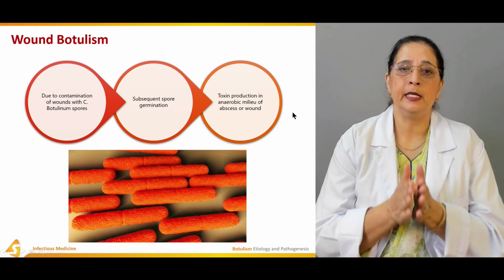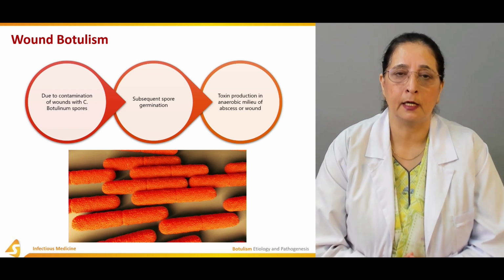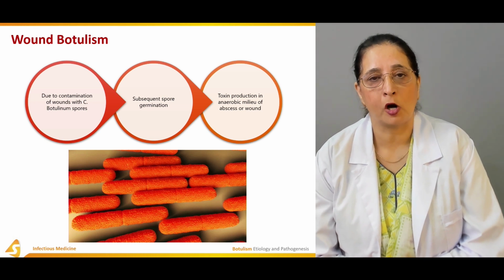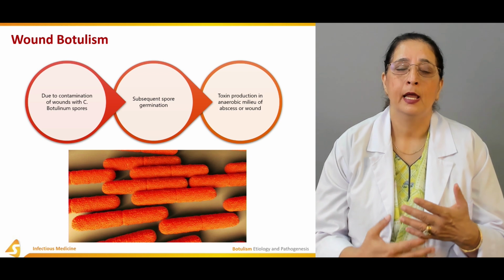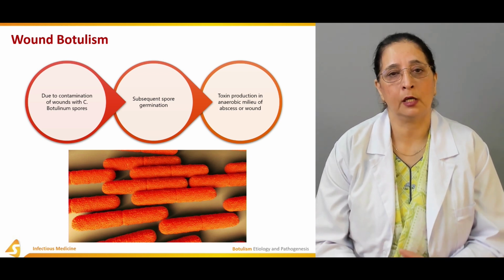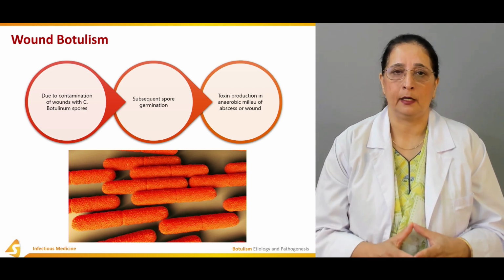These germinated spores produce botulinum toxin, and this toxin will produce different manifestations, which we will talk about later on. So that's how wound botulism occurs.